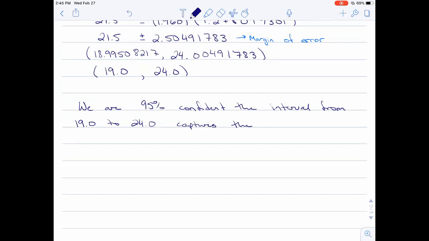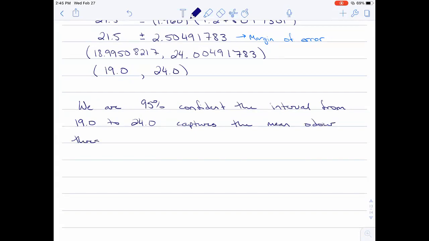So if you reread the question, construct a 95% confidence interval for the mean odor threshold of all wine tasters. Right? And so it captures the mean odor threshold of all wine tasters.